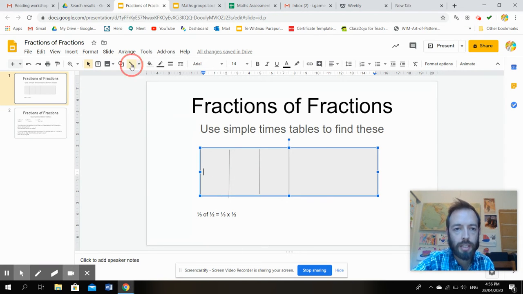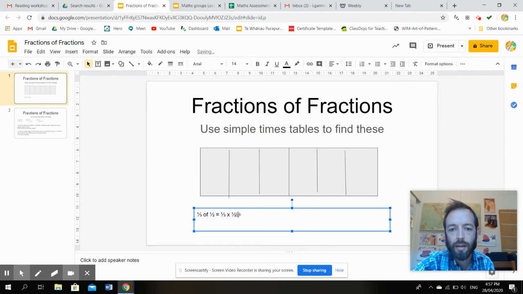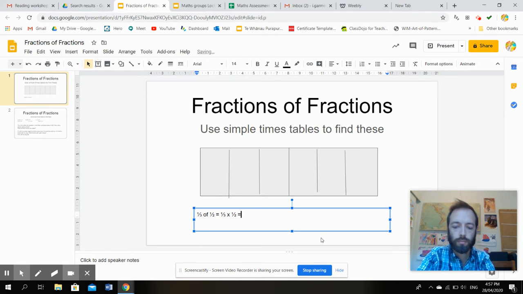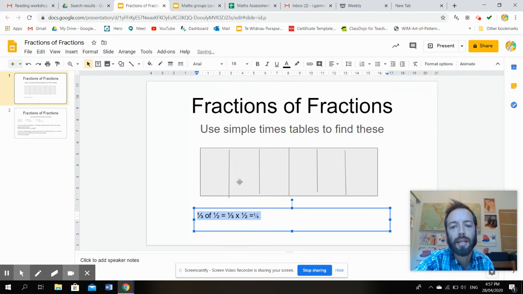Now, if I was just to continue to do that across the other bits and split this half in 3 as well, I would end up with a total of 6 pieces. And if I had 6 pieces, then I know that one of those pieces would be called 1/6.